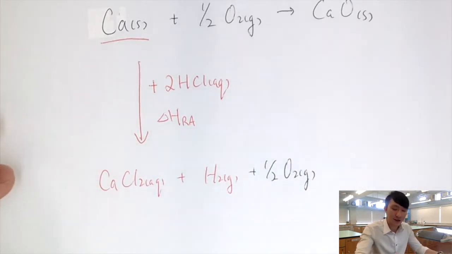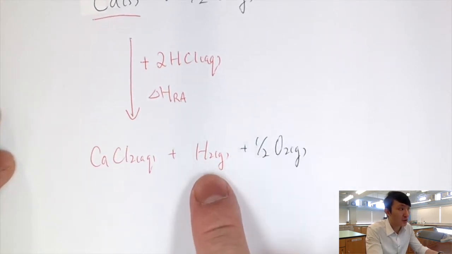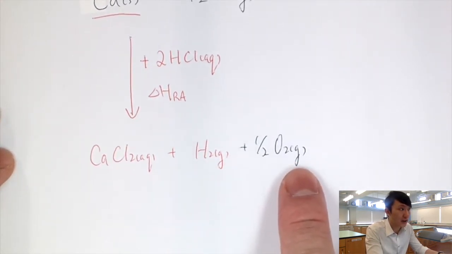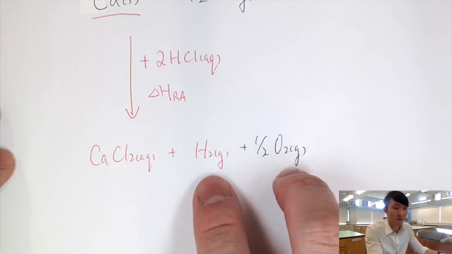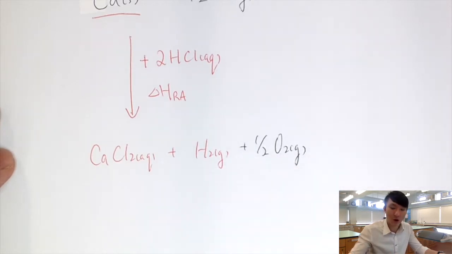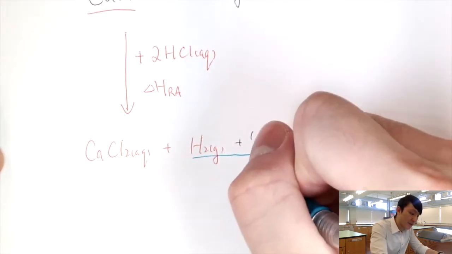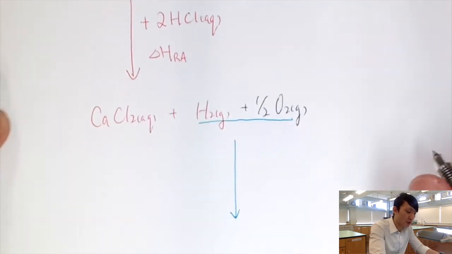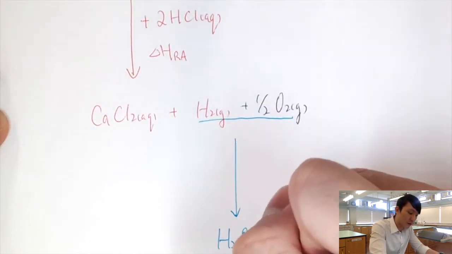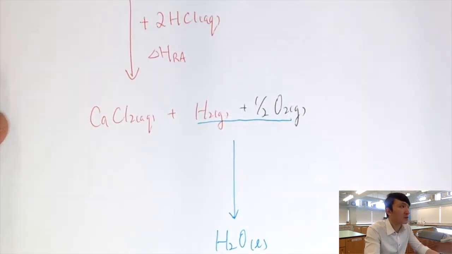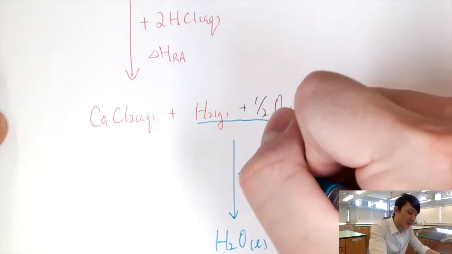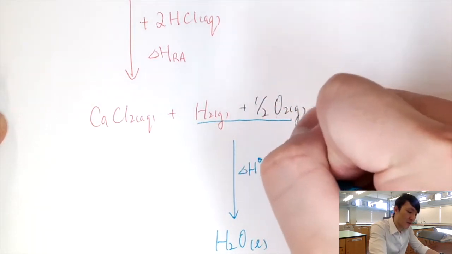Now, the next thing is, from here, H2 gas and a half mole of O2 gas can react with each other to form 1 mole of water. So these two here can react to form water, and this one is the standard enthalpy change of formation of water.